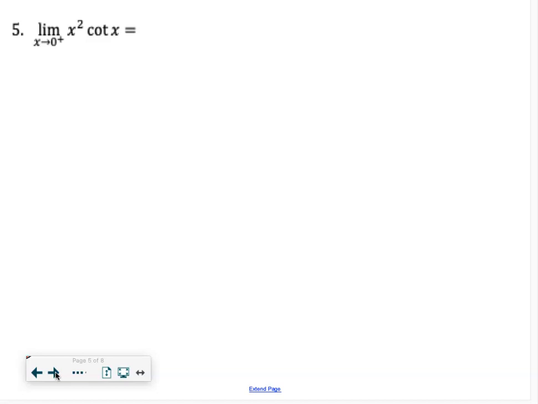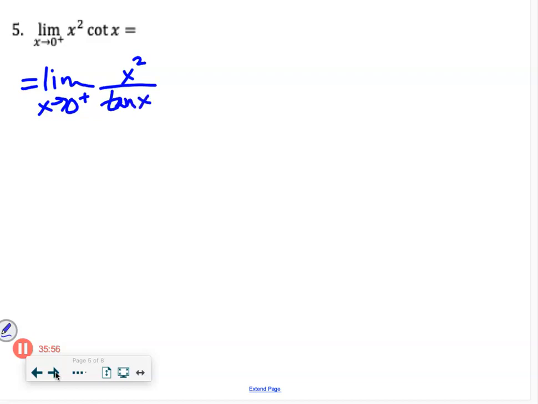So the easiest way to approach this was to rewrite your limit as x squared over tan x. All right, so now, what's the tangent of 0? 0. So you have a 0 over 0.